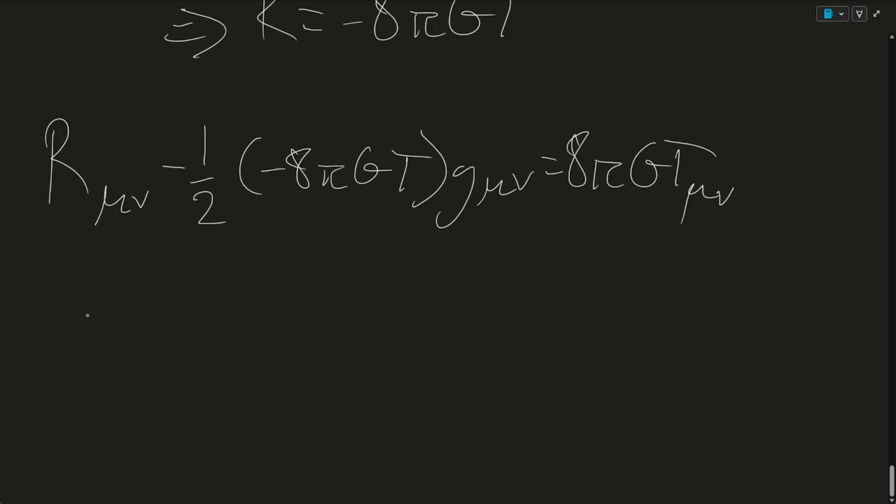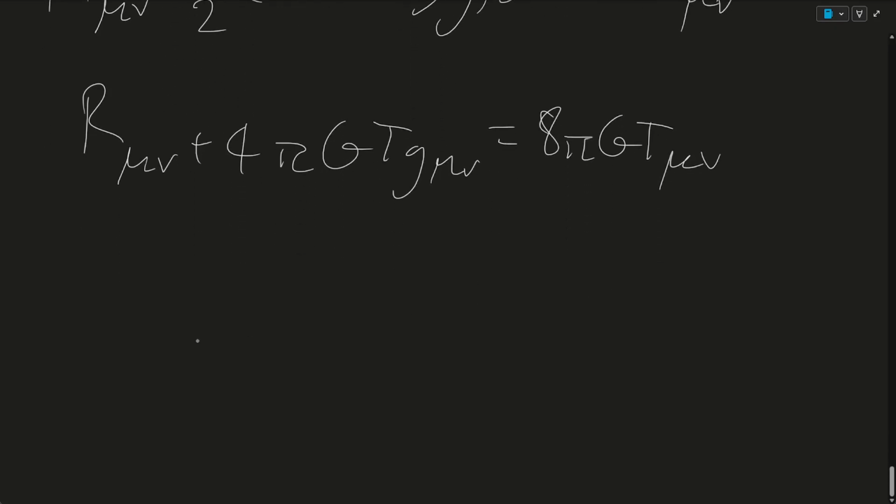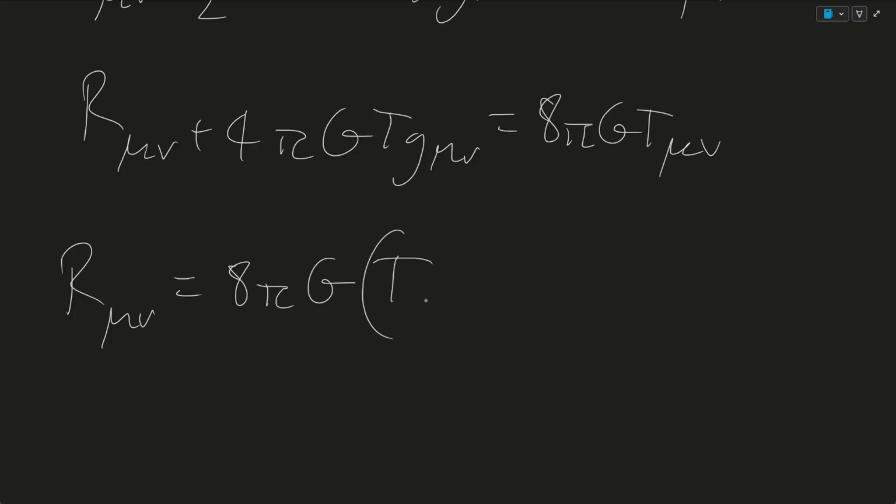So R_mu_nu plus 4 pi G T g_mu_nu is equal to 8 pi G T_mu_nu, and we rearrange to get R_mu_nu and pull out the 8 pi. R_mu_nu is equal to 8 pi G (T_mu_nu minus a half T g_mu_nu).